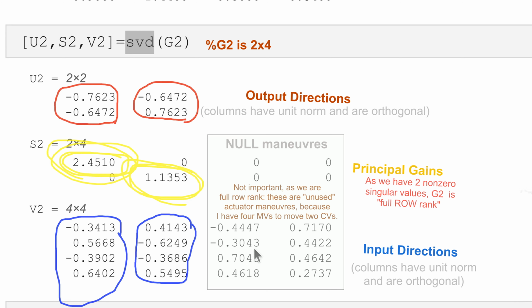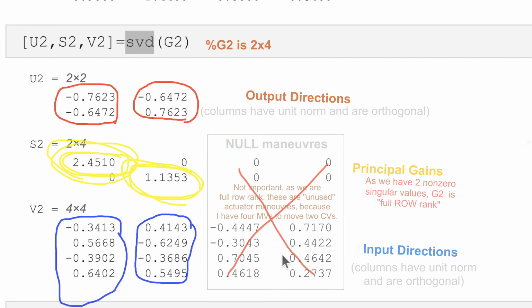The thing is that these 2 columns in here are the so-called null space, and actions in this direction should not be used for control, because they mean some increment in my actuators that has no effect whatsoever in the outputs.